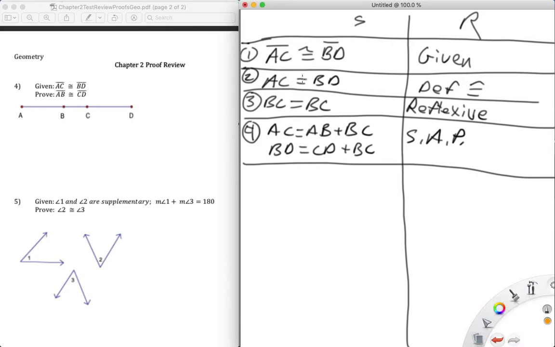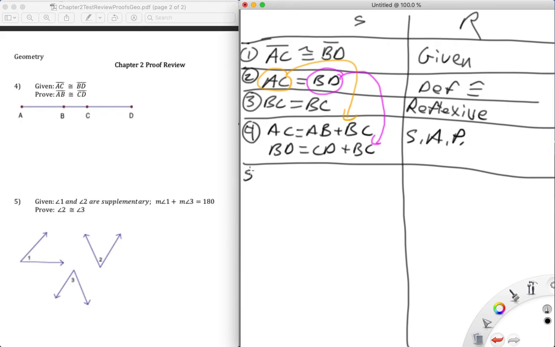So look what I have. I have that AC is equal to this segment right here, AB plus BC, and I also have that BD is equal to this segment right here. So I can substitute those in. So AB plus BC is going to go in for AC, and CD and BC is going to go in for BD from line 2.